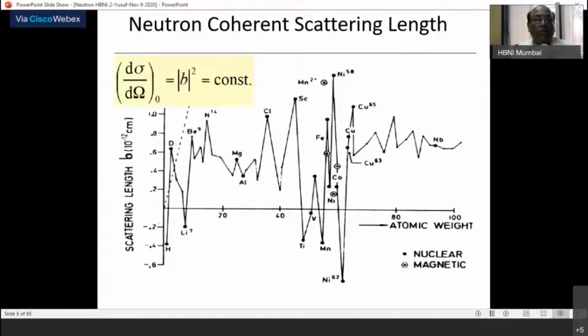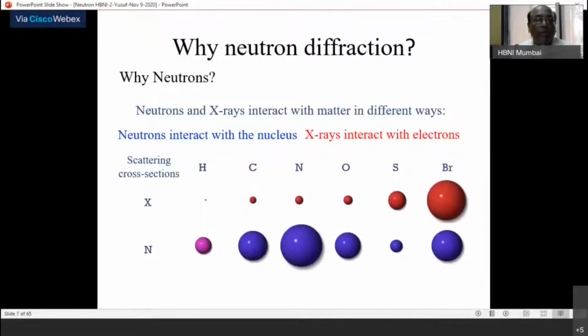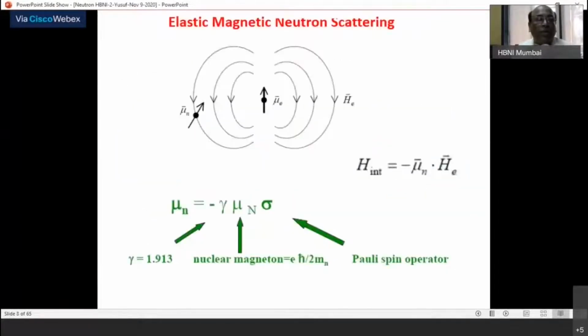As you see, I'm just flashing through my earlier viewgraphs. This is the essential part: the neutron magnetic moment. The neutron magnetic moment interacts with the atomic or ionic magnetic moment.